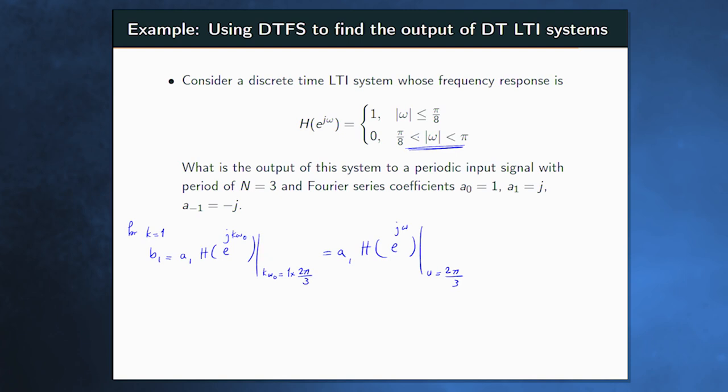So for that omega value, H of e to the j omega is equal to 0. As a result, I have a_1 multiplied by 0, which is equal to 0. So b_1 is equal to 0.